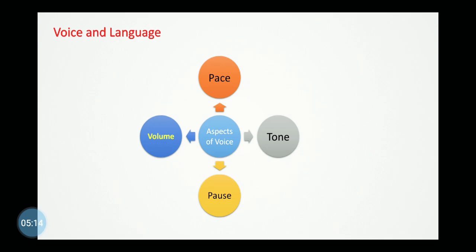So when we are delivering presentation, we should make use of variation in our tone. Monotone makes the audience bored. Volume. Volume is also an important aspect of our voice. We should make use of optimum voice. Speak audibly.